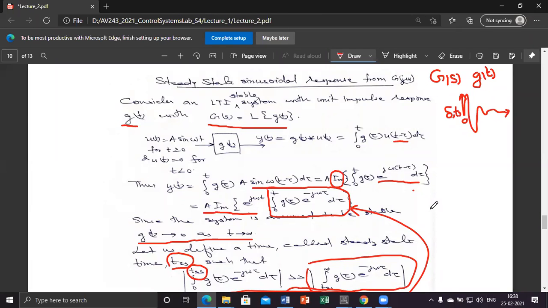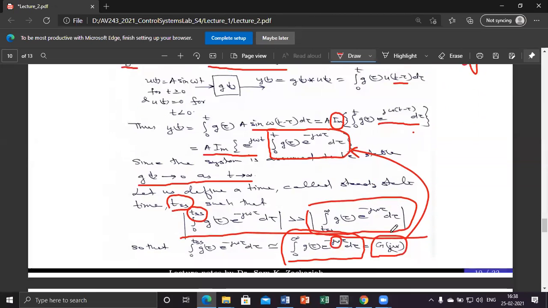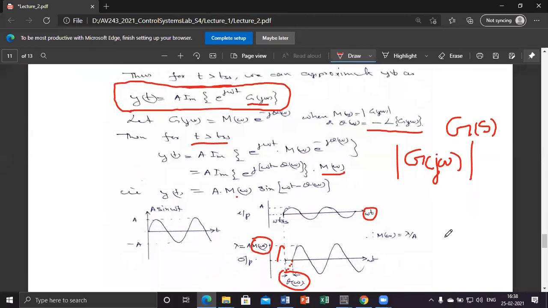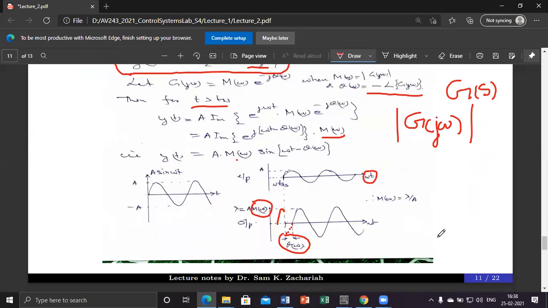Once we reach that time, you will be able to compare the forced component with respect to the forcing command. That is the essence of what I have been telling. Under that steady state, we take the ratio, and that ratio is nothing but the magnitude of G of j omega, and the phase change is equal to the argument of G of j omega. This is the meaning of M omega and theta omega.